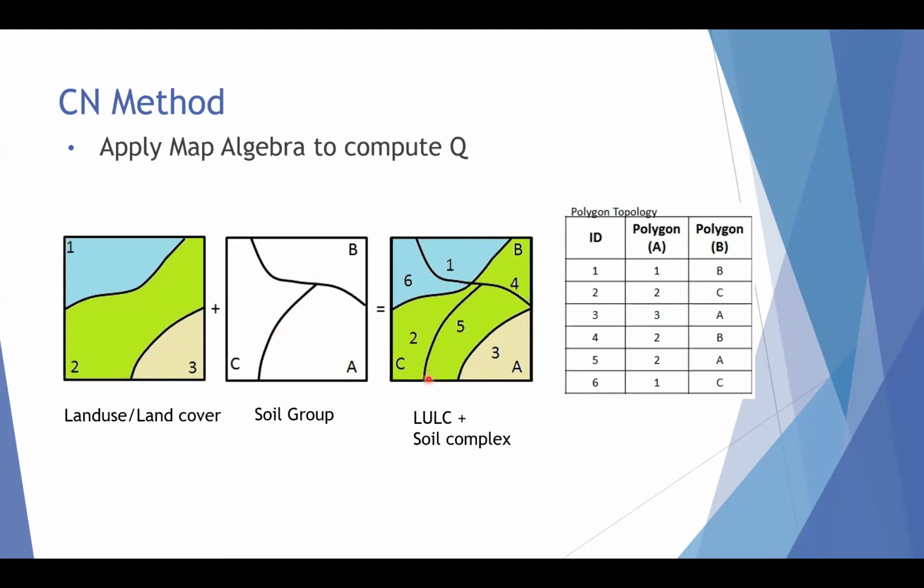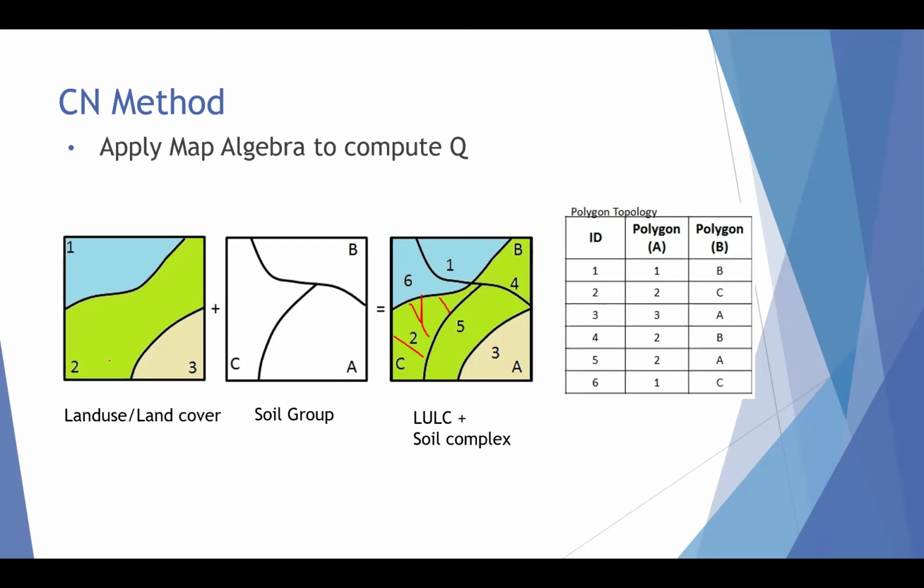I will get a particular area here. Let us say this area. This area comprises soil group C and land use 2.